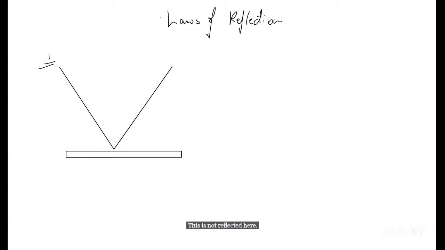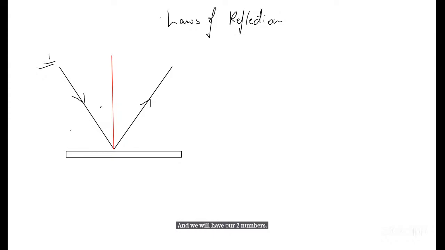Here the incident ray fell and here it got reflected. Now, if I draw the normal line, the perpendicular, over here, it will bisect the angle. And we will have our two angles.